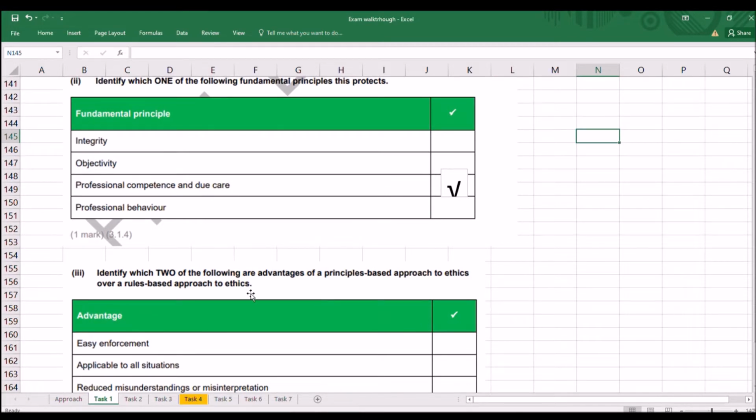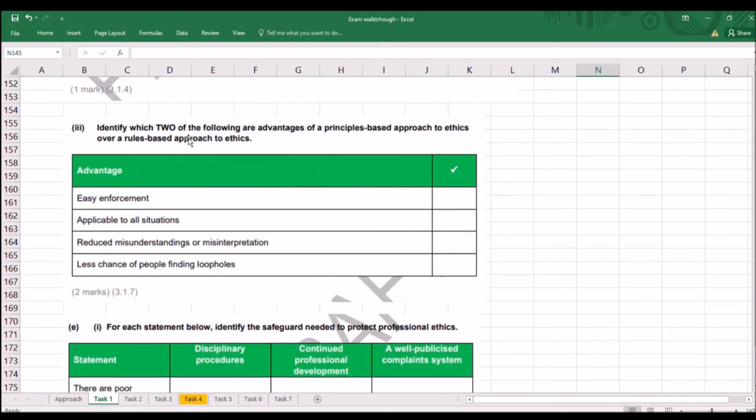Right. Okay. Identify which two of the following are the advantages of the principles-based approach to ethics. So, a rules-based approach is setting out the rules and it's yes, no, and compliance. And what it means is that you can say, well, I didn't break the rules, and therefore, you'd have to have these rules cover absolutely everything.